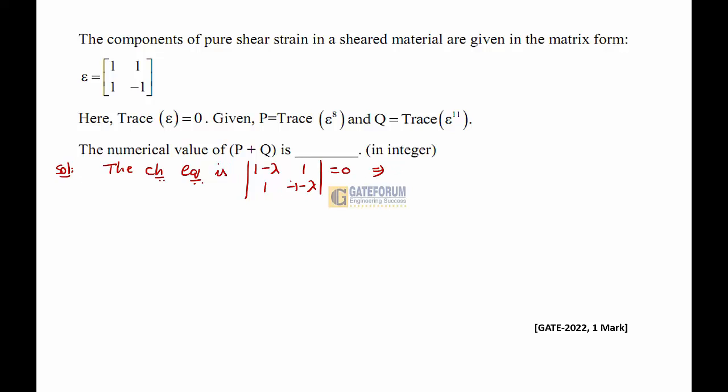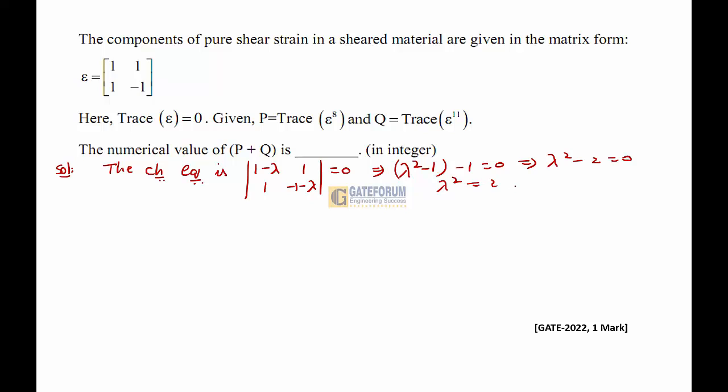So this is A plus B into A minus B, A square minus B square, after taking minus common. Then A square minus B square with the minus will become lambda square minus 1 minus 1 is equal to 0. Lambda square minus 2 is equal to 0.